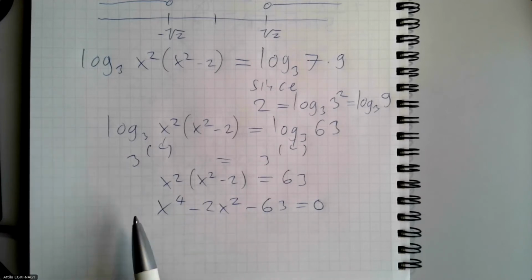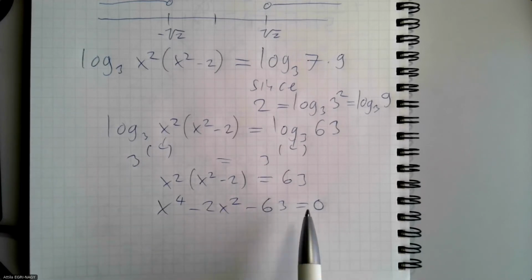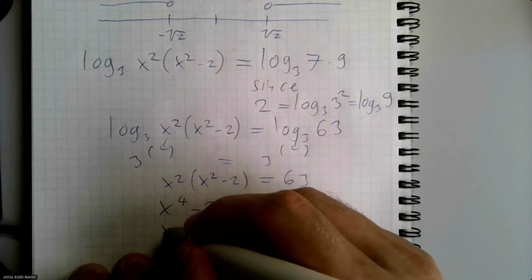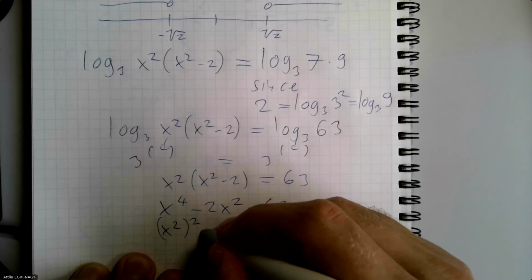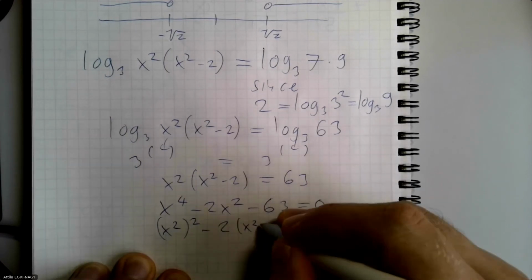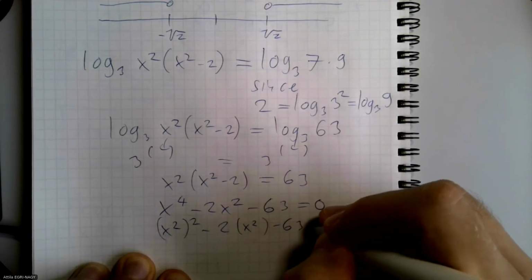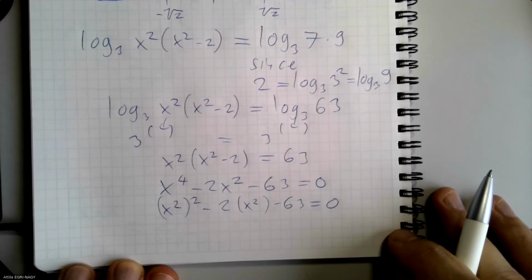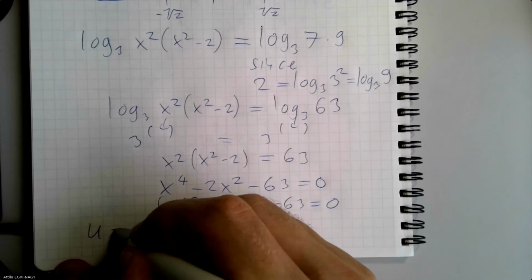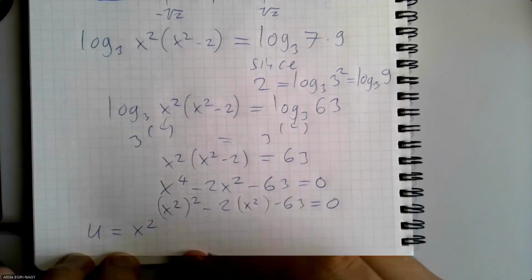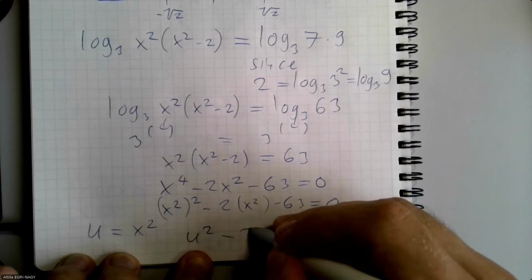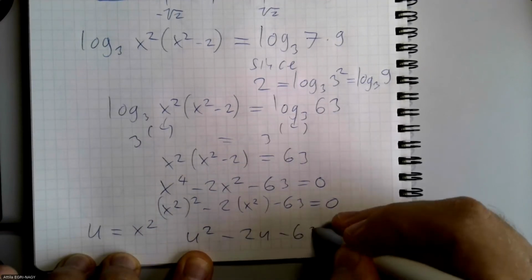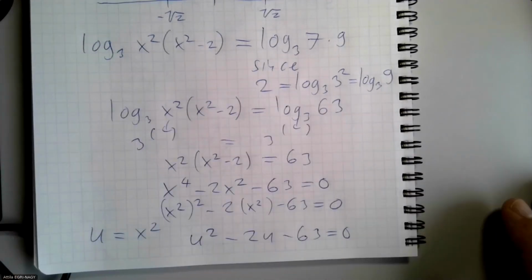However, from a distance this looks like a quadratic. So this is x squared squared minus 2 times x squared minus 63 equals 0. If I have a new variable u, which is x squared, I basically have u squared minus 2 times u minus 63 equals 0.